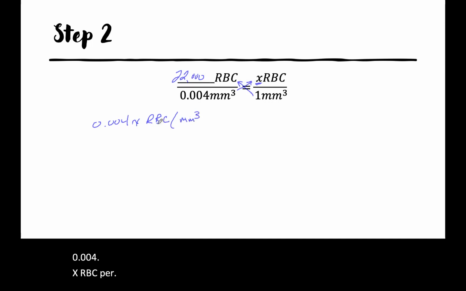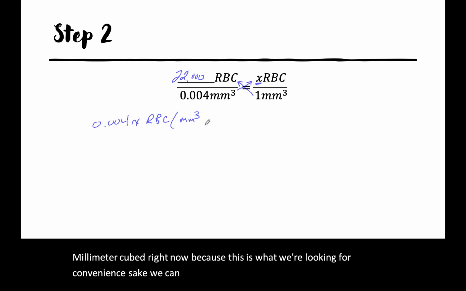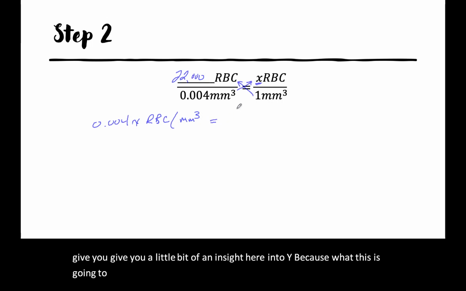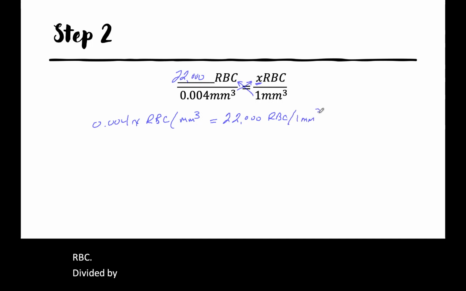Now, for convenience's sake, we can go ahead and leave that off, and here's why. If we multiply it the other way, what this is going to equal is 22,000 RBC divided by 1 millimeter cubed.